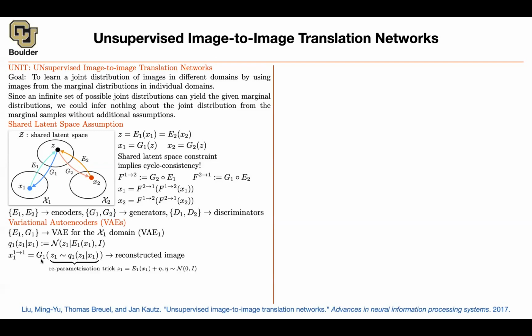Okay, perfect. Now that you have a stochastic operation in your neural network, you need to somehow backpropagate through it. And we learned how to do that. The idea was to use the reparametrization trick. You have Z1 to be the mean plus some random variable that has nothing to do with the parameters of your neural network that you want to learn.